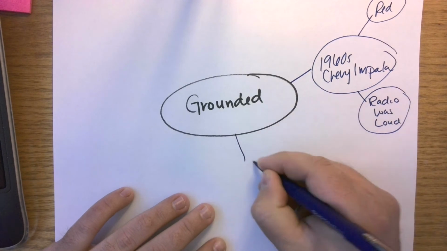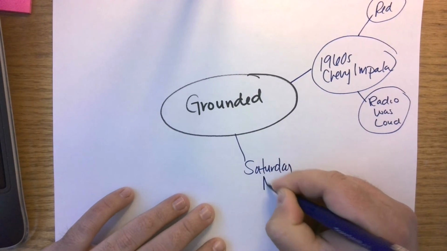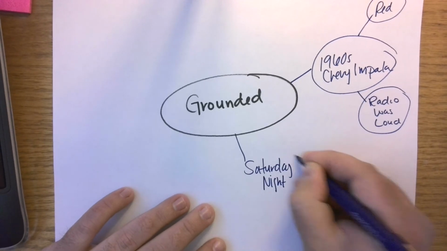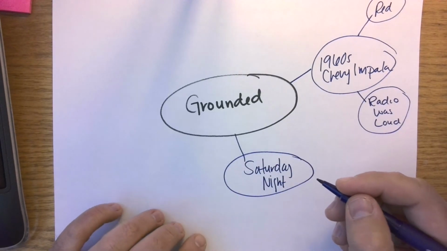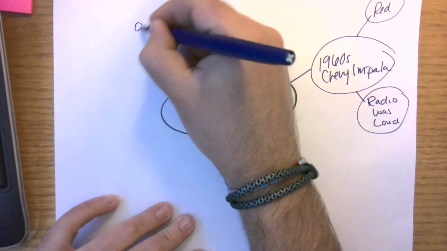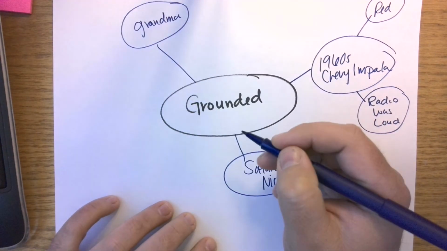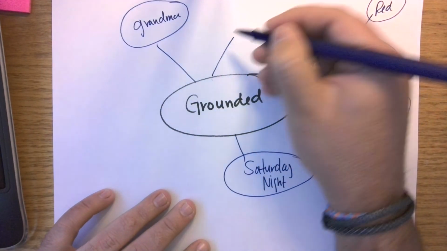So we know that something happened Saturday night. My partner's still reading, and we know that's okay. Oh, now the grandma, and okay, and we know that they speak Spanish.